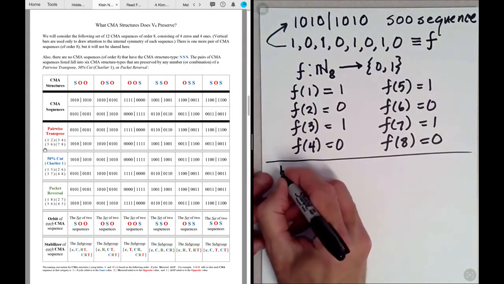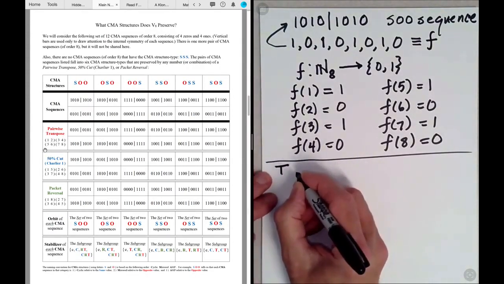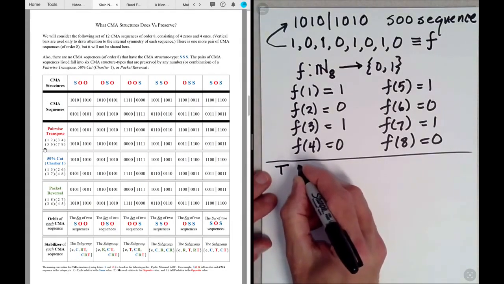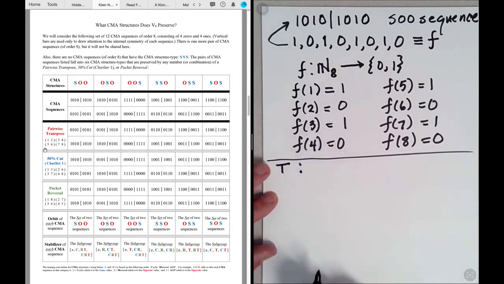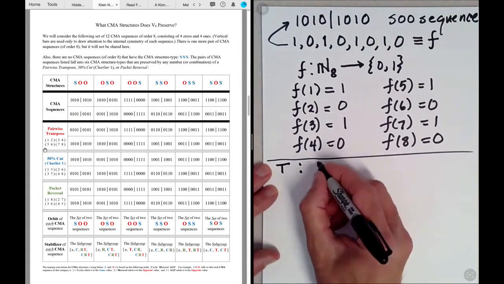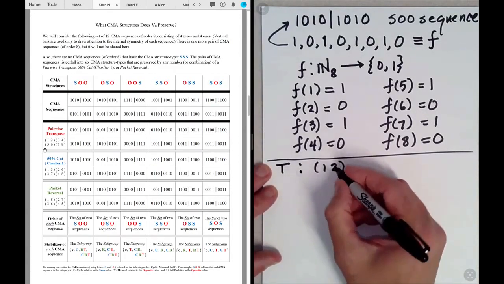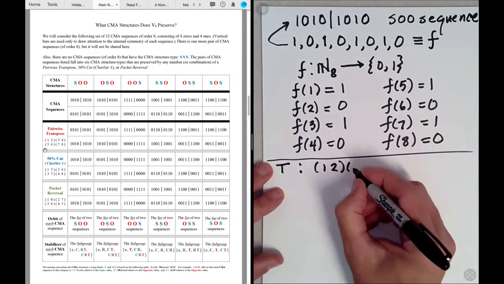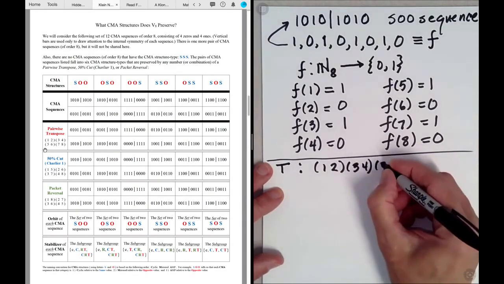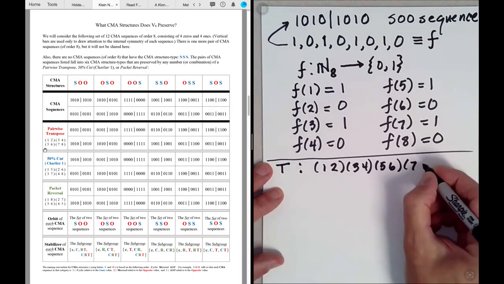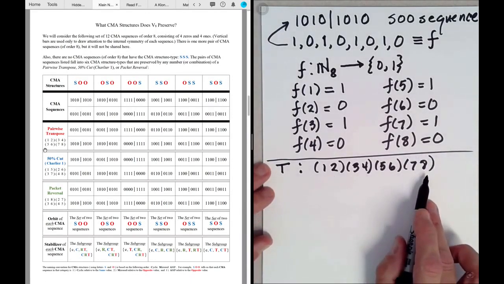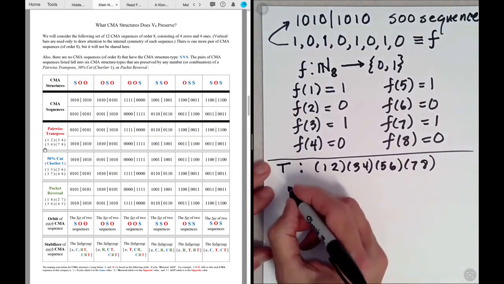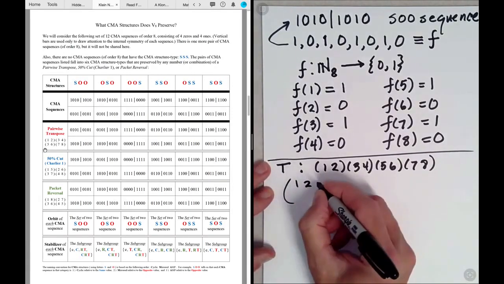So let me just write down here a description of the pairwise transpose: (1 2)(3 4) and so forth, (7 8). Well, if you remember, this is cycle notation for what? It's cycle notation for two-line notation.